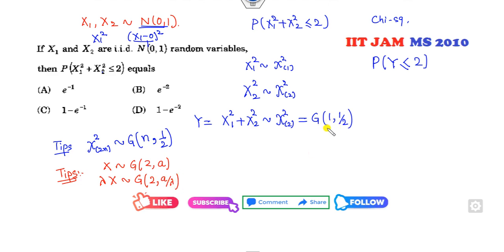Fine. Now whenever you have the gamma distribution and this number is not 1, your target is to make this number 1. So how can I make that? I can use this parameter. What should I multiply here so that this becomes 1?